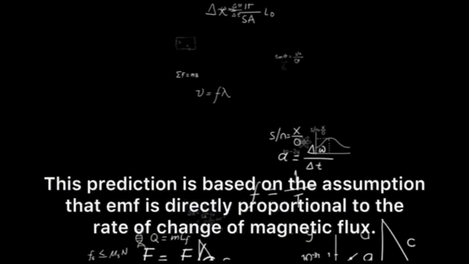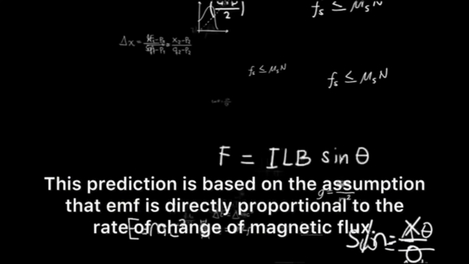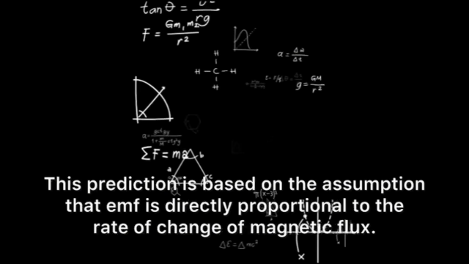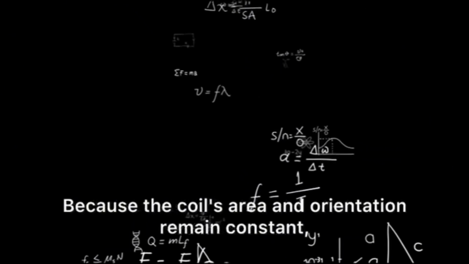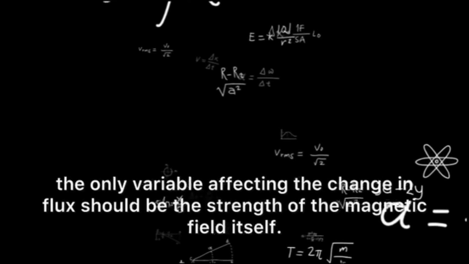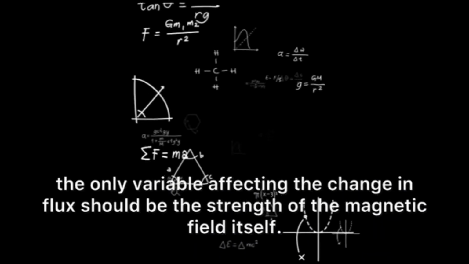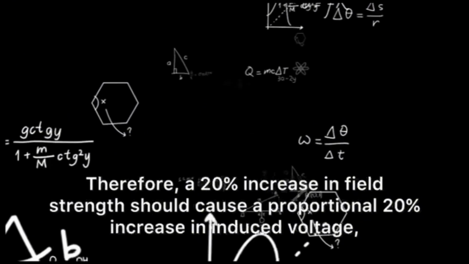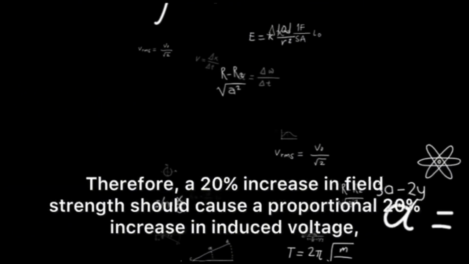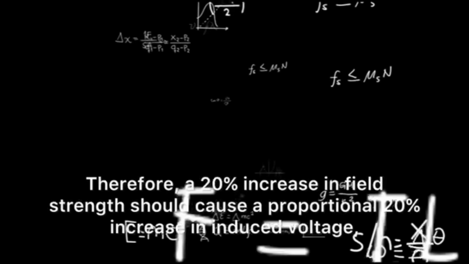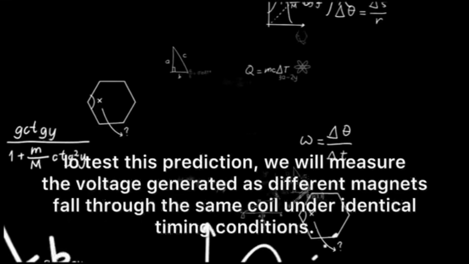This prediction is based on the assumption that EMF is directly proportional to the rate of change of magnetic flux. Because the coil's area and orientation remain constant, the only variable affecting the change in flux should be the strength of the magnetic field itself. Therefore, a 20% increase in field strength should cause a proportional 20% increase in induced voltage, assuming other conditions remain the same.